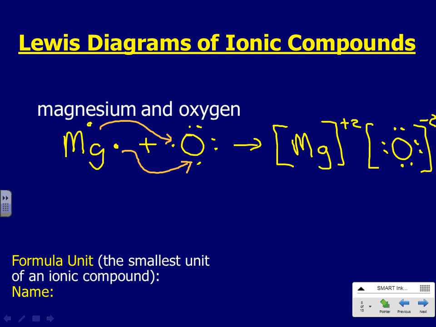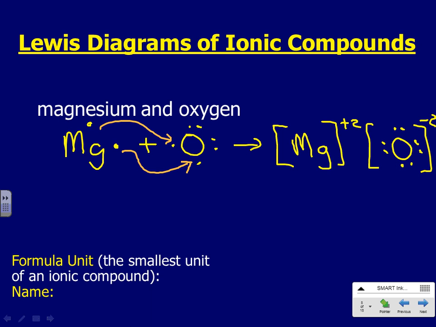When we're talking about a covalent substance like water, and we want to describe that smallest piece of water, what do we call that smallest piece of a covalent compound like water? We call it a molecule. That is correct. Thank you, sir.